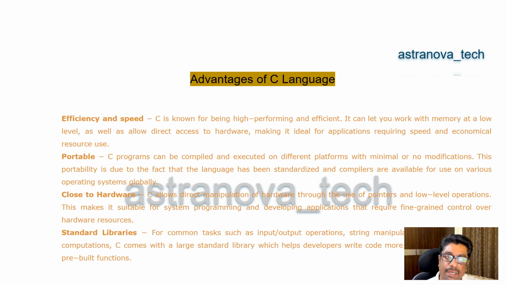It has access to the hardware, memory locations, and other devices which are connected to the system. It can access the ports directly, and it can access the database. Whatever is hardware related, we can access from C language very easily. That is the advantage we are talking about in efficiency and speed.